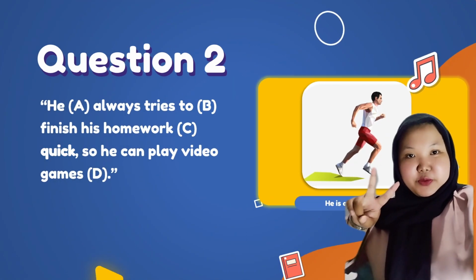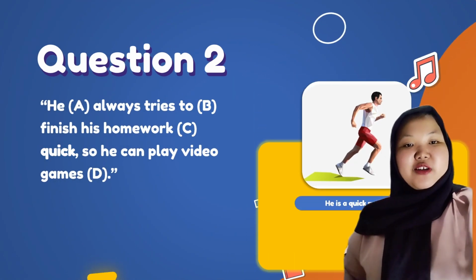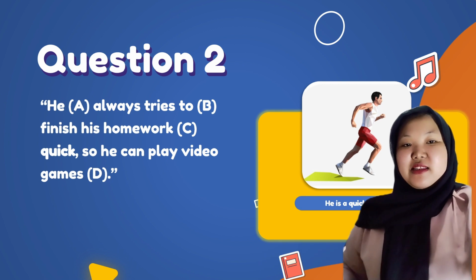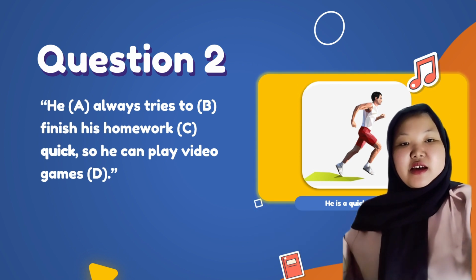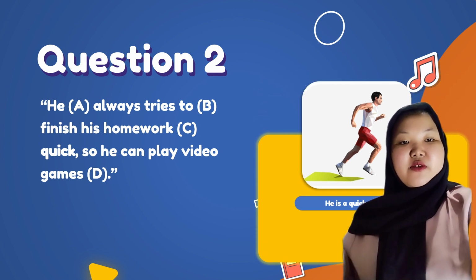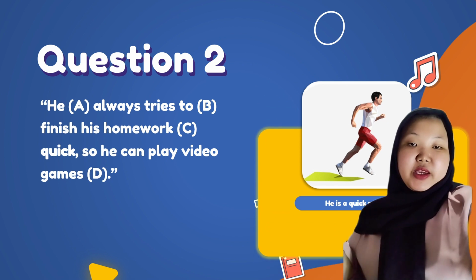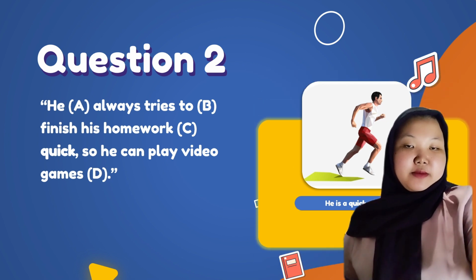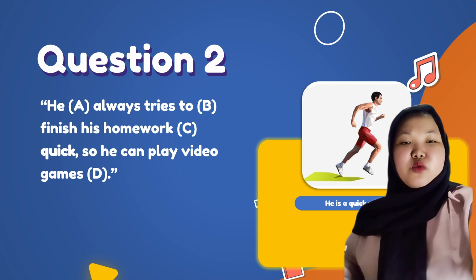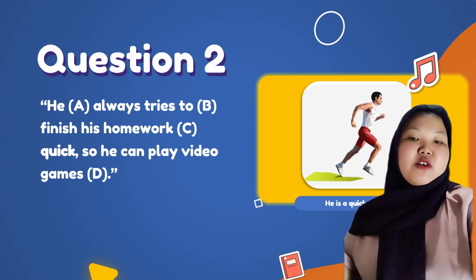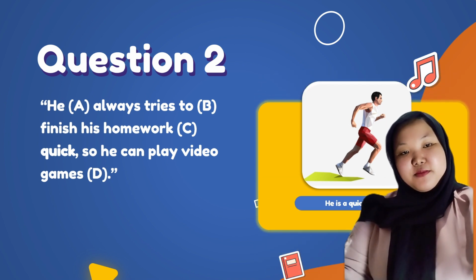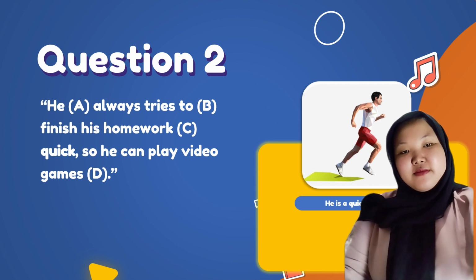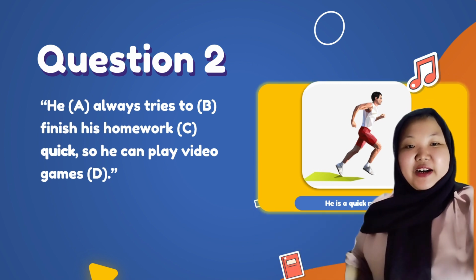Question 2. Let's move on to question 2. She said he always tries to finish his homework quick so he can play video games. Which word is incorrect? Okay, answer.